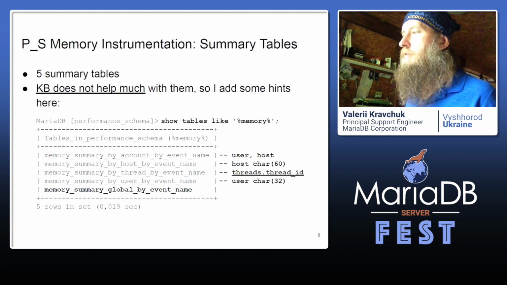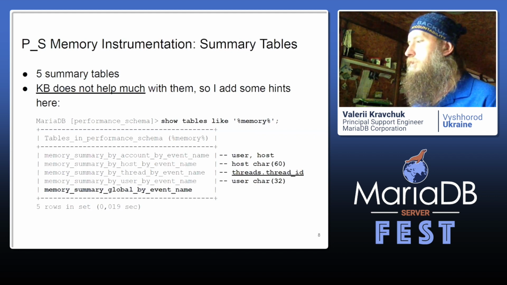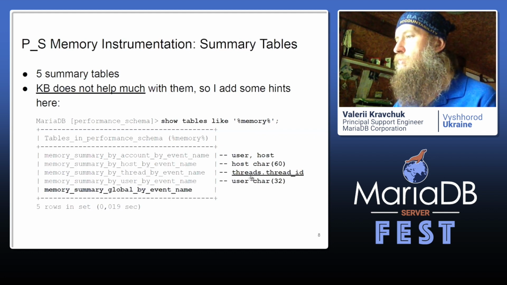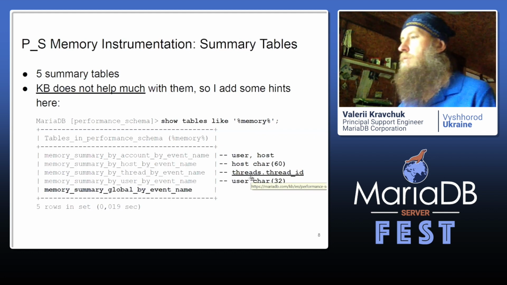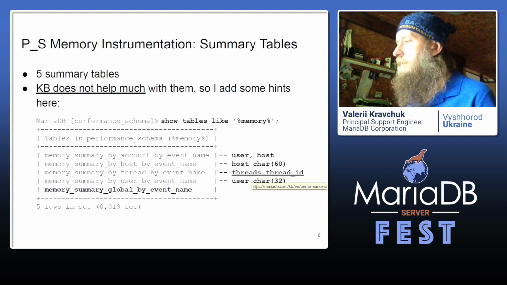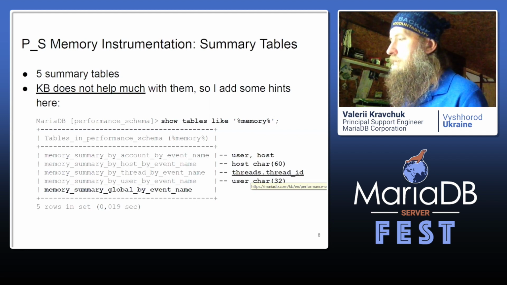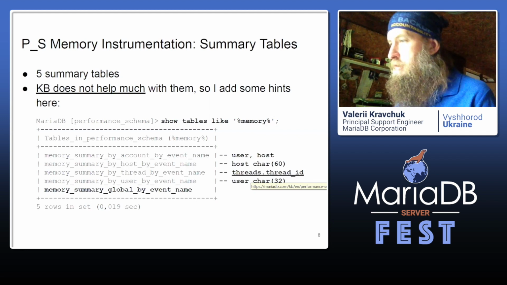To find out the real MySQL connection ID that you are interested in, you have to join this to the performance schema threads table with the thread ID column, and there you can find the process ID for the related thread. So that's all interesting.